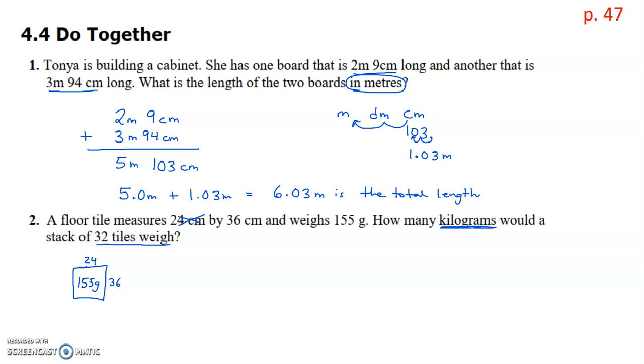So I'm going to cross out that information. It's not asking me for the area of the tile or the perimeter of the tile. It's asking me for the weight. And I have one tile weighing 155 grams, but I need 32 tiles of the weight. And they want the weight in kilograms, whereas I'm being presented the weight in grams.